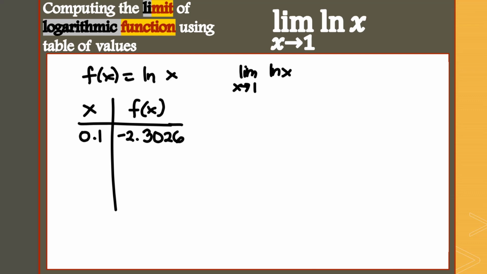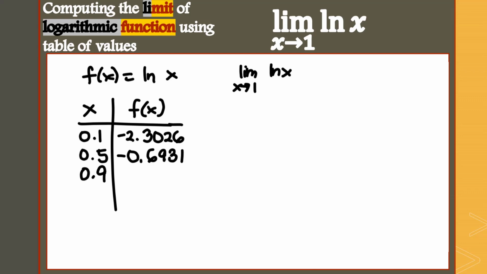So let's continue and use other values. Let's have 0.5 or 1/2. As we plug that in, you will have an approximated value of negative 0.6931. Let's try more values, getting closer to 1 from the left.